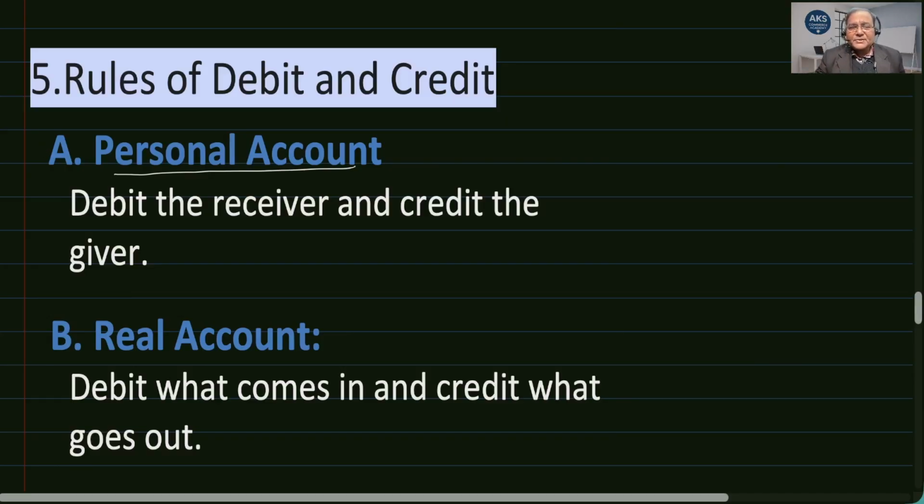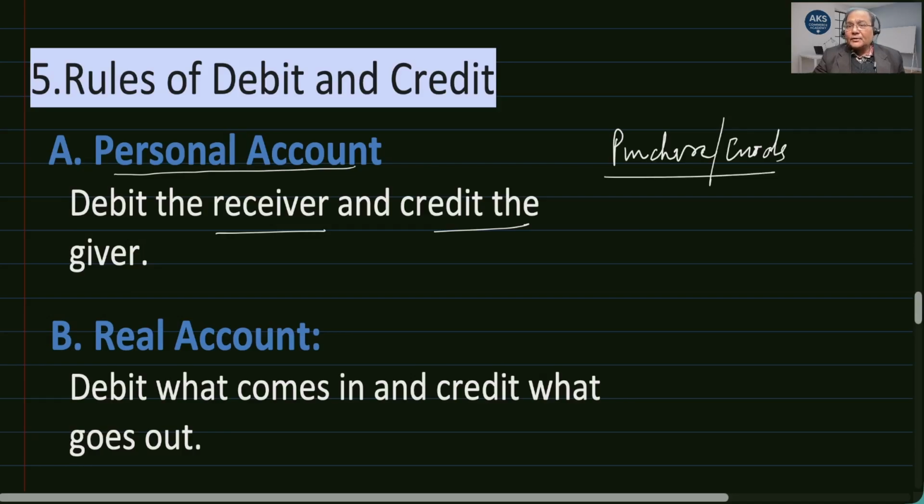So if we talk about the rule of personal account, it is debit the receiver and credit the giver. In our example, we have bought goods from the supplier, so debit the receiver. Who is receiving? It is the business that is receiving. When we are receiving goods, the term used by the business is purchases or goods.